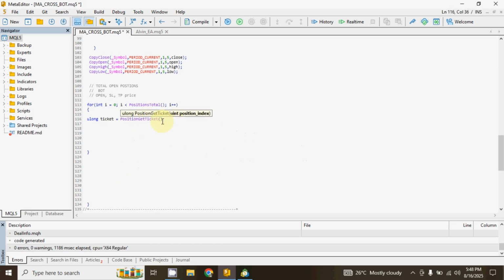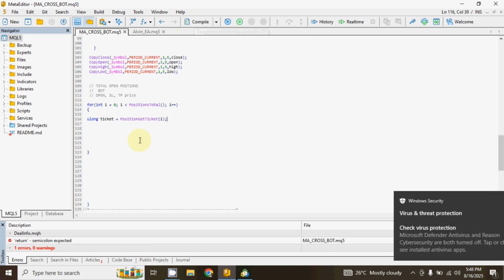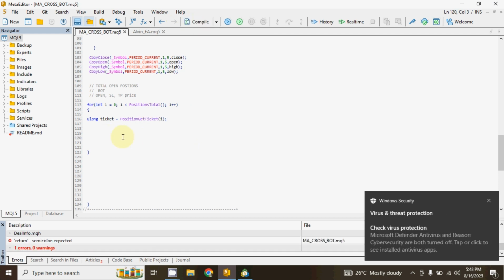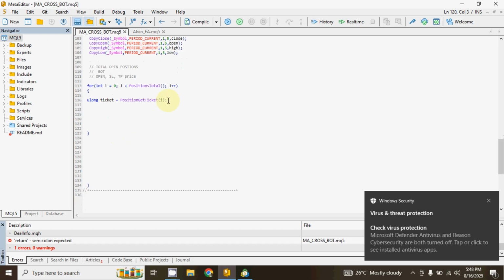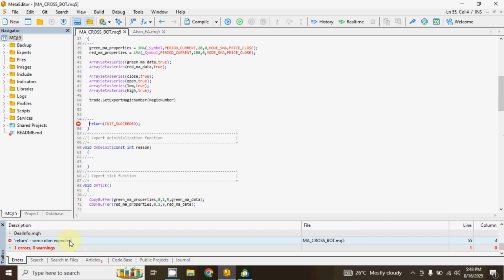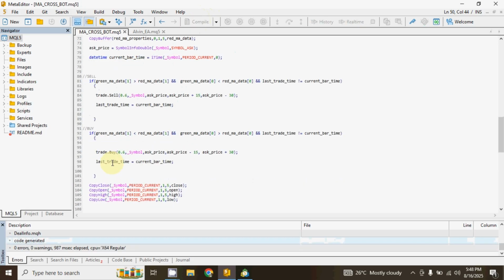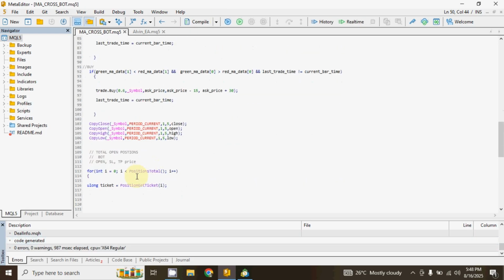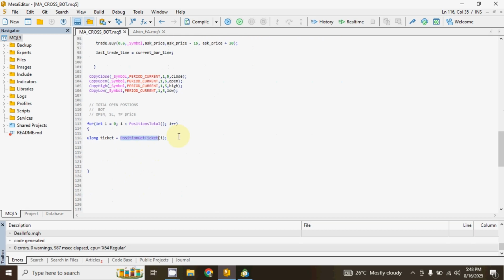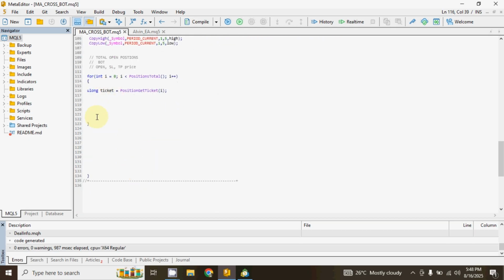Then inside the parentheses, add i, which means anytime it loops through each position, it should check the tickets for each position. Okay, we have an error here. There should be a semicolon here.